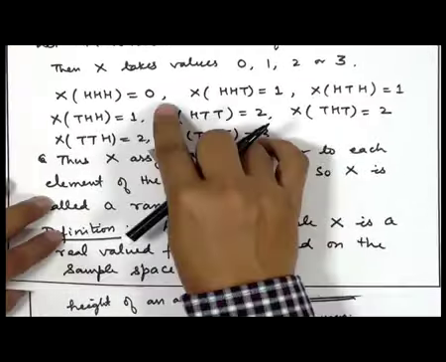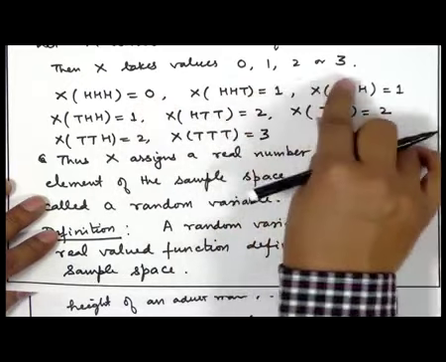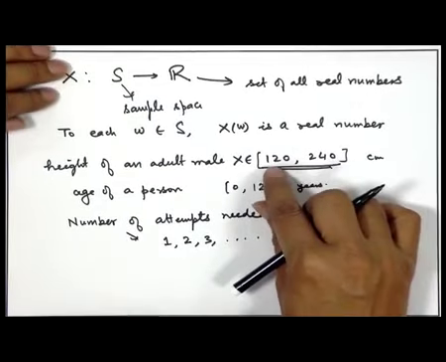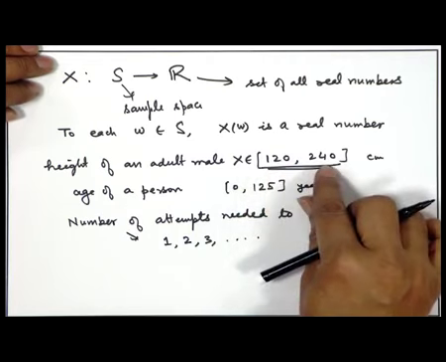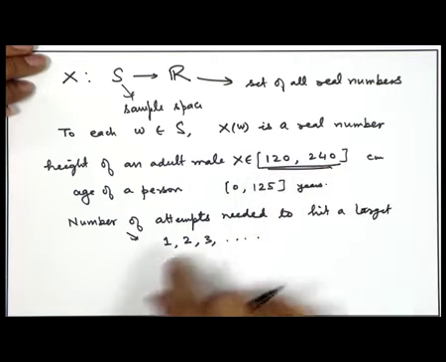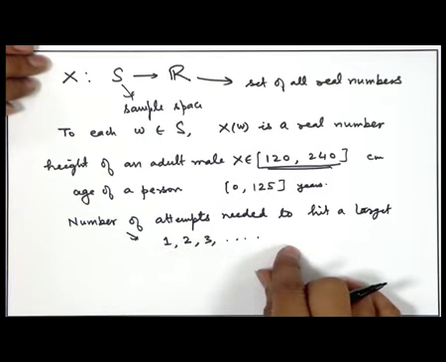I gave an example where the random variable is taking values 0, 1, 2 or 3. I have given an example here where the values taken are in an interval, that means uncountably infinite number of values. Here you can see number of attempts, so 1, 2, 3 and so on, it is countably infinite number of values.